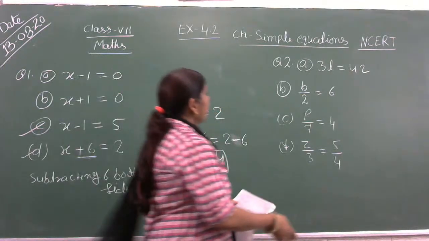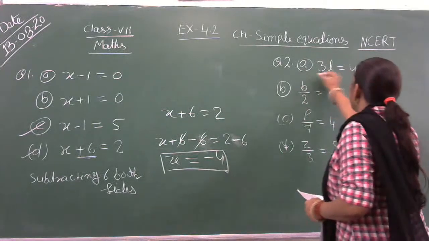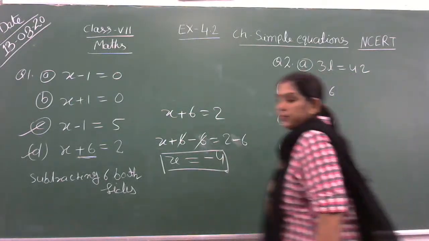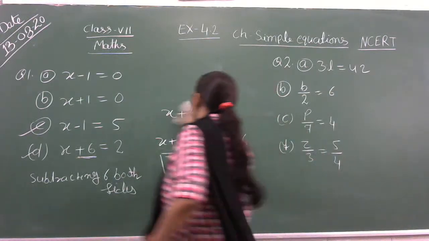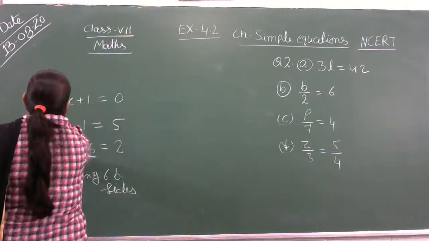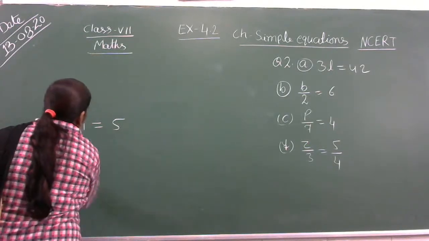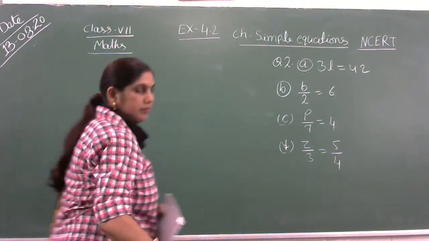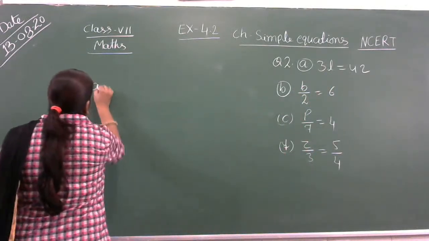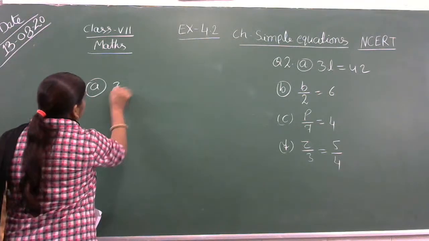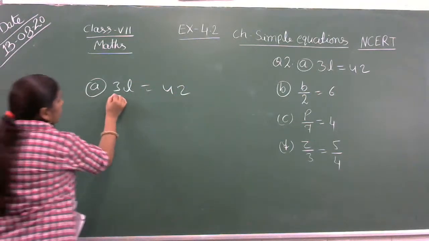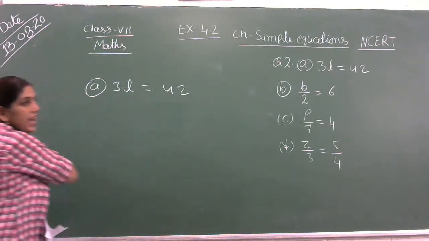So the second question, first part, 3L equals 42. 3L equals 42. So what do we do? Given here multiplication, 3 into L.